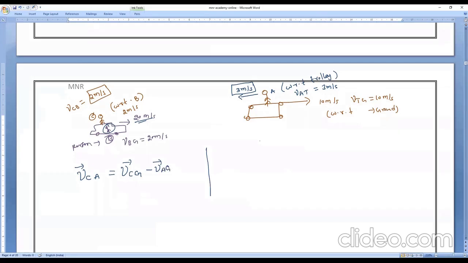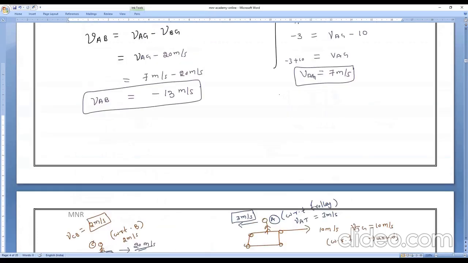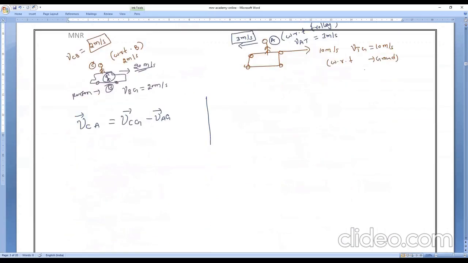We already found the relative velocity of A with respect to ground, just now. How much is it? 7 meter per second. Clear, everybody? So the relative velocity of C with respect to A is equal to the relative velocity of C with respect to ground minus 7.